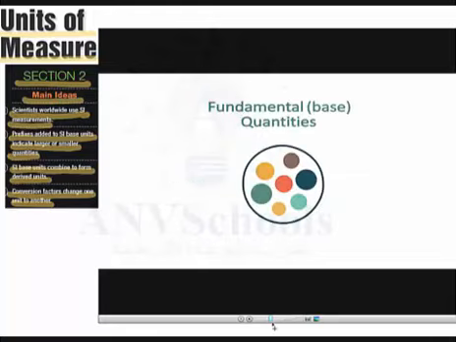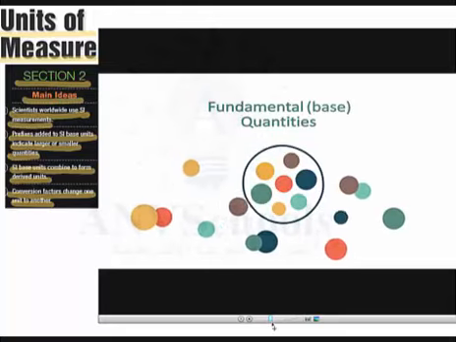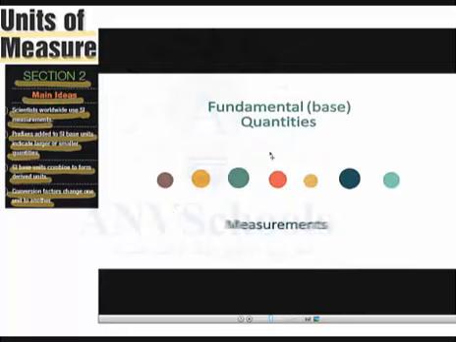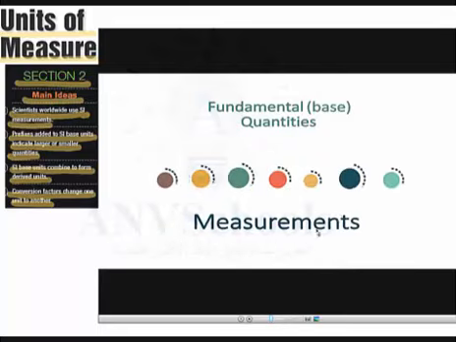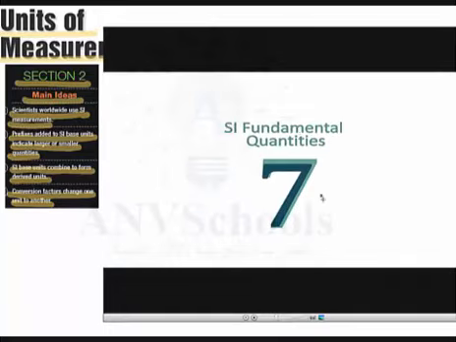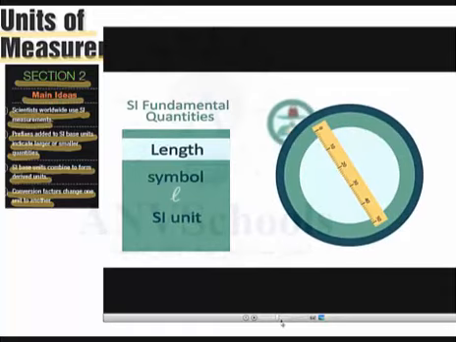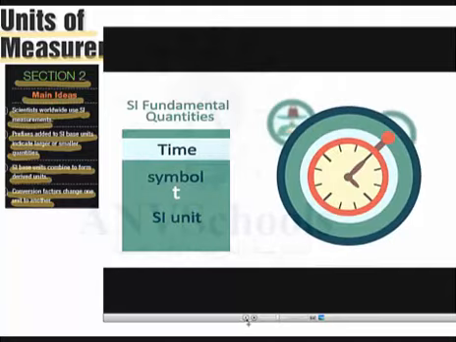These fundamental base quantities are what we are calling the SI units, and they are normally 7. SI units are 7. So these are just symbols. Okay, let's go into the detailed discussion of this unit here.